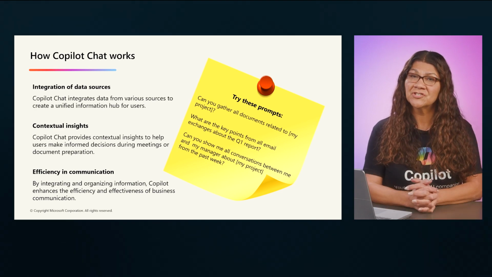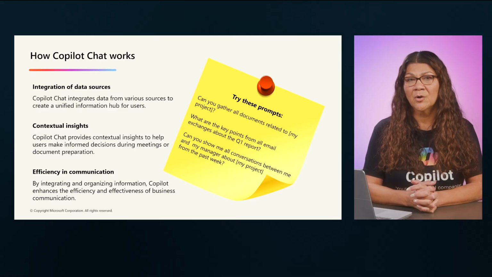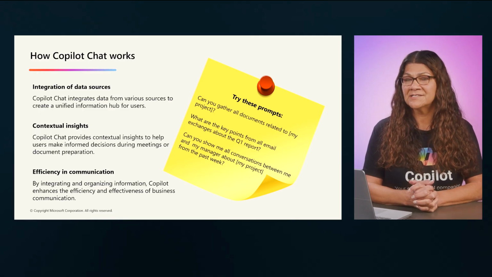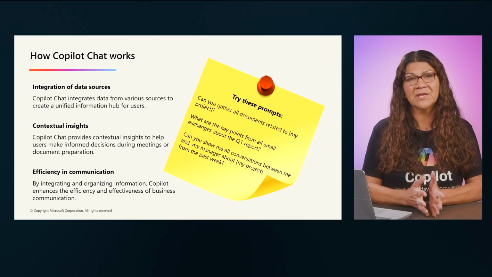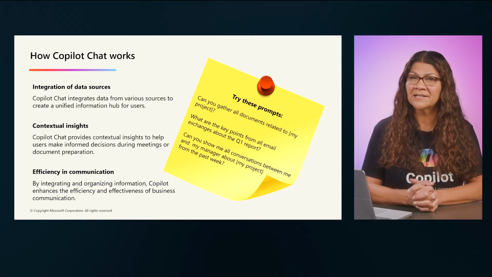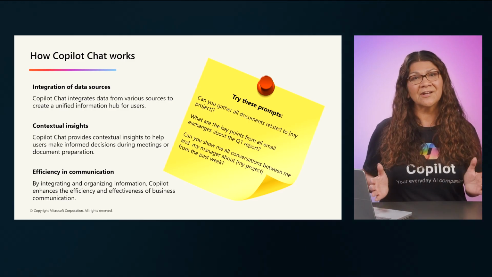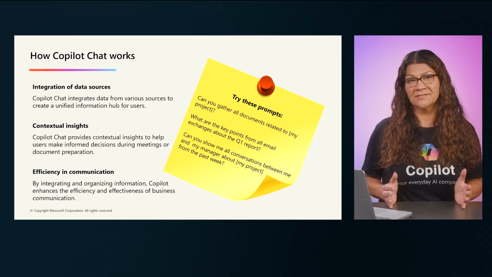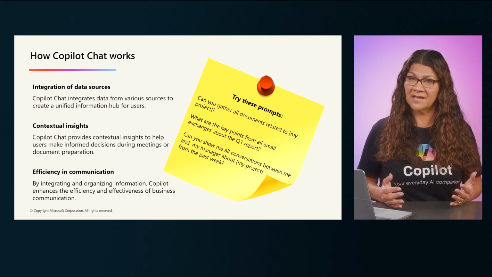This integration shines when you prepare a client pitch, draft a report, or get up to speed on a project you've inherited. A best practice is to frame your prompts clearly and use project names, people, or dates so Copilot can deliver highly targeted results. Copilot doesn't just aggregate content, it organizes and surfaces what matters, transforming scattered information into actionable insights.